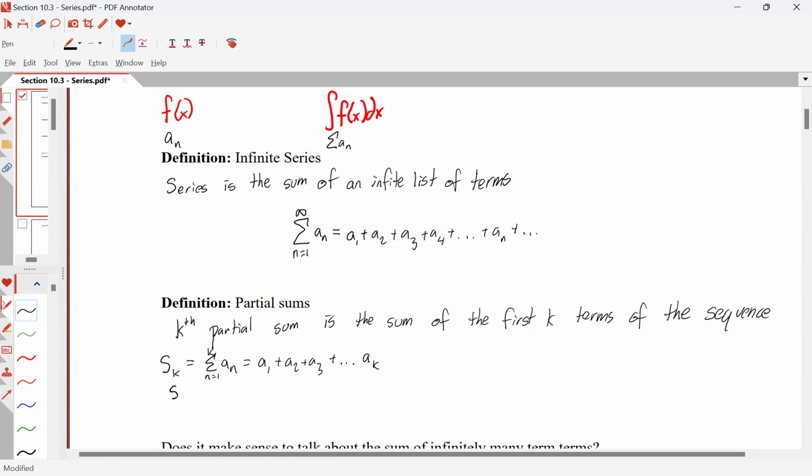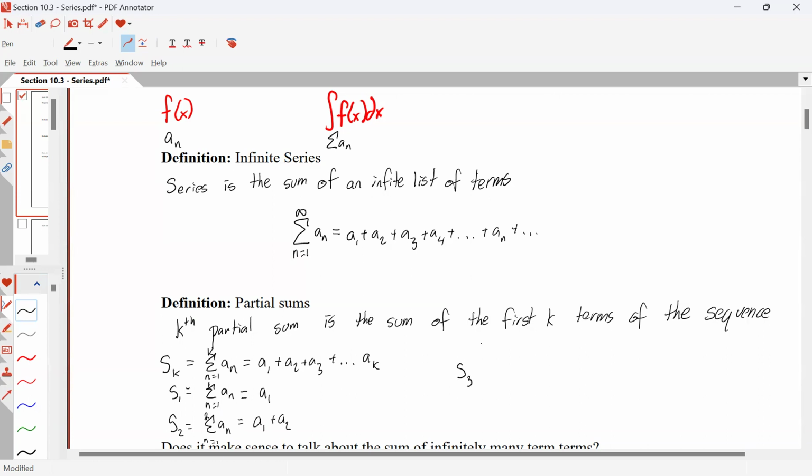So the first partial sum would be the sum from n equals 1 to 1 of a_n. Well, if I'm adding only the first term, that is just the first term of the sequence. The second partial sum, n equals 1 to 2, a sub n, is those first two terms added together.